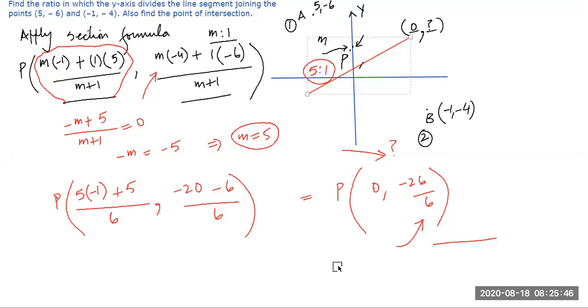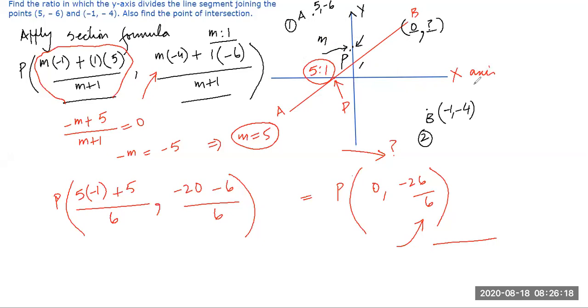So students, this question could have been, instead of the y-axis dividing the line, the x-axis dividing the line. Then the question would have been this. Now this is line AB, and this is the point which is dividing the given line, and this point is on the x-axis.